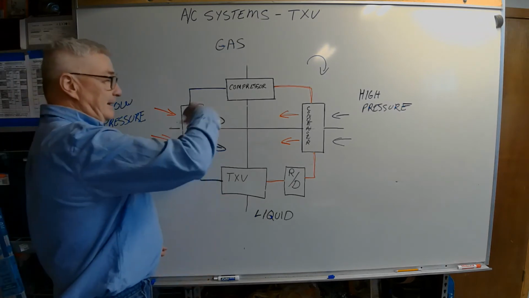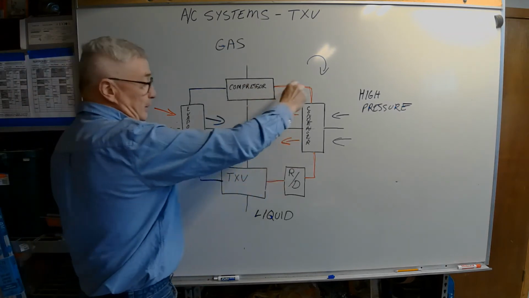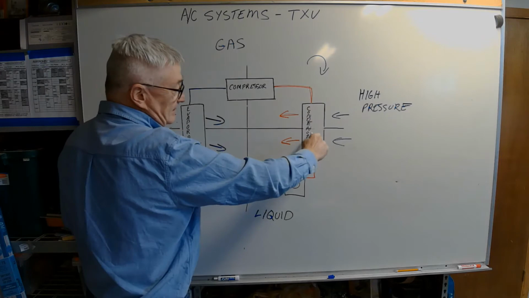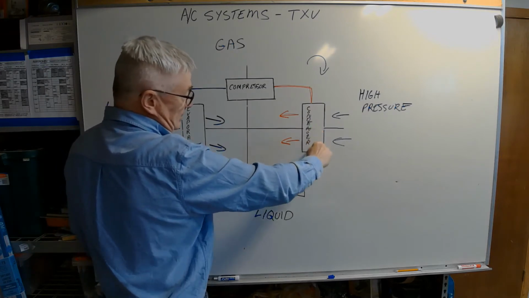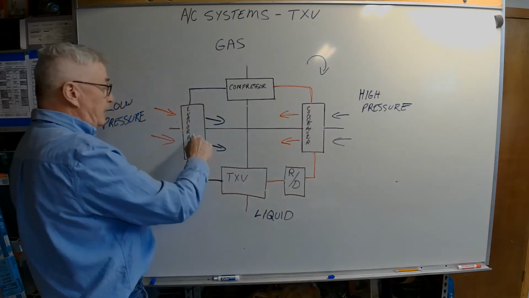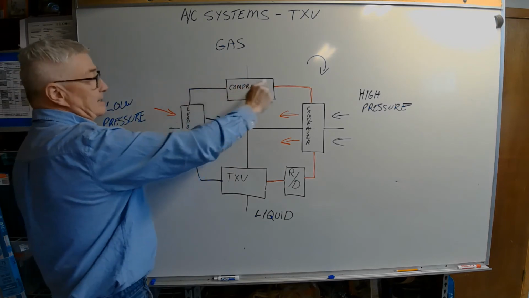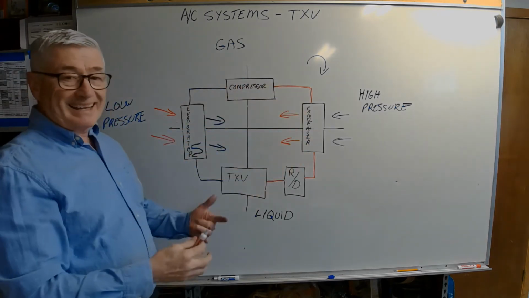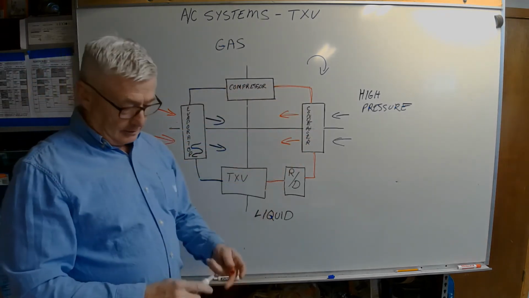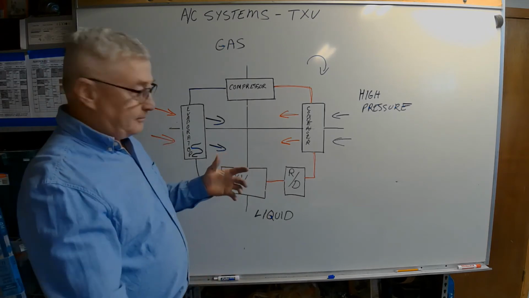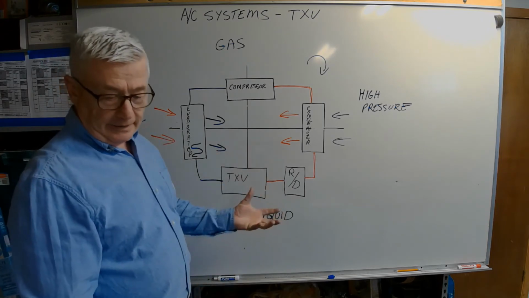All right. It is a continuous loop. So we're always condensing the gas into a liquid, and then we're evaporating the liquid into a gas, and it is a continuous cycle. That is a TXV, and where the components should be located in there.